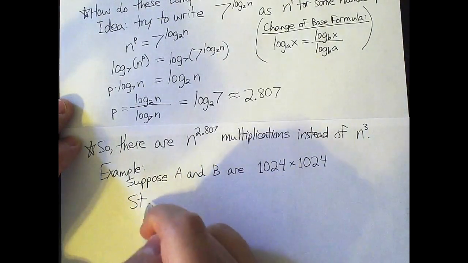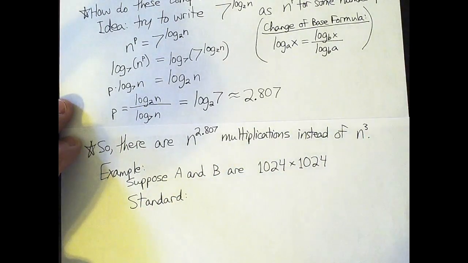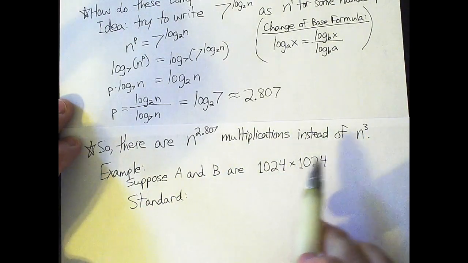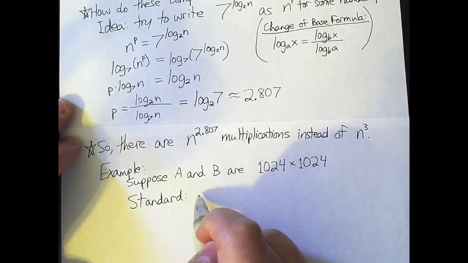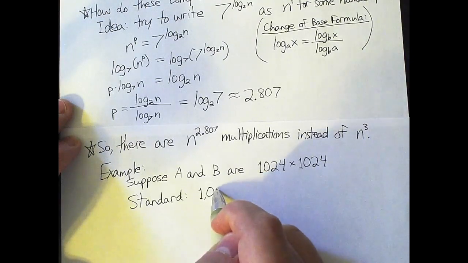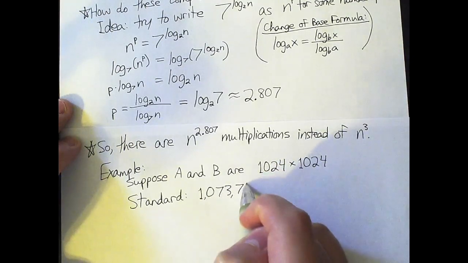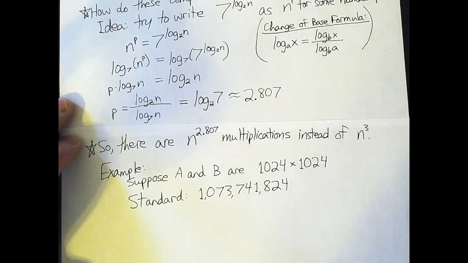The standard method, how many multiplications are there going to be? It's going to be 1024 cubed. Okay, 1024 cubed is going to be this number. That many multiplications of real numbers.